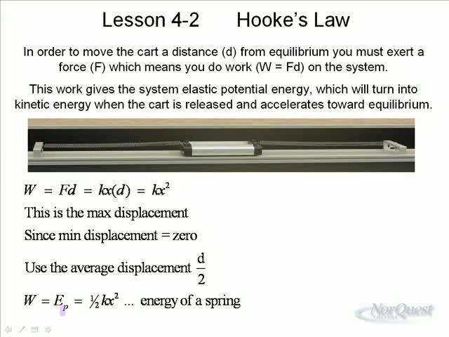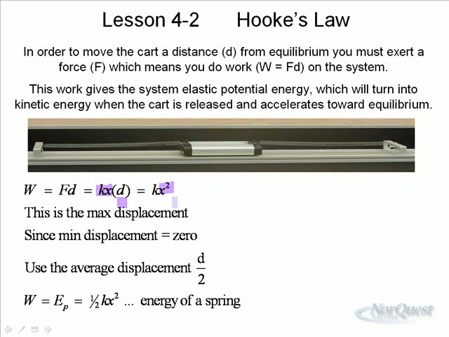The work you do is equal to Fd, and from Hooke's law we know the force is equal to kx, so kx times d. d and x are the same, distance or displacement from equilibrium, and so we end up with kx squared.